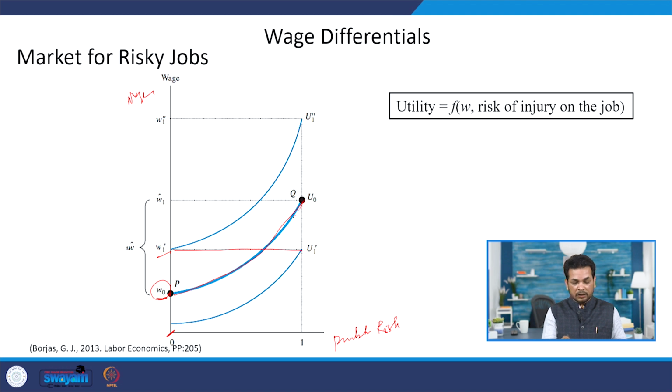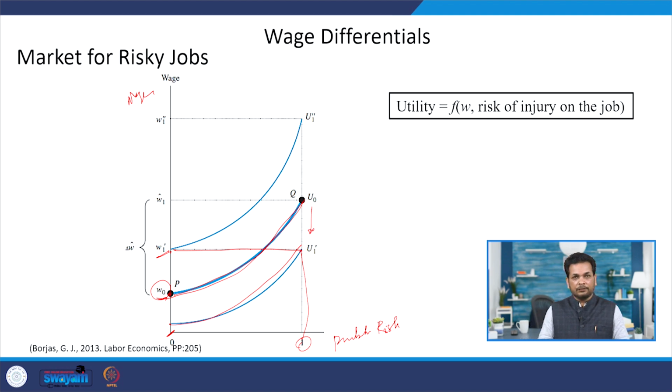Now, even if the wage is higher, like W-1, still the worker prefers to be on this utility function U0, because going with this wage rate and with a high probability of risk, the worker may end up with a utility U-1, which is lower than the previous utility.